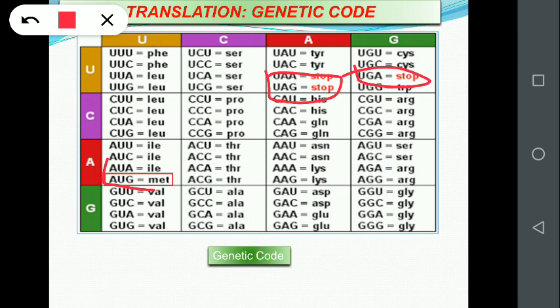And AUG is the starting codon of the coding region of mRNA. This is the first codon to be read by the translation machinery, and methionine is the first amino acid in the newly synthesized polypeptide chain.